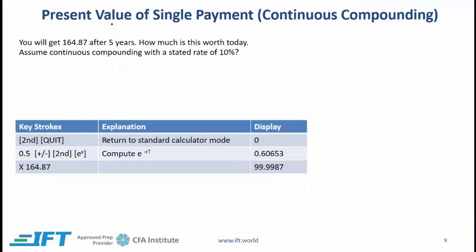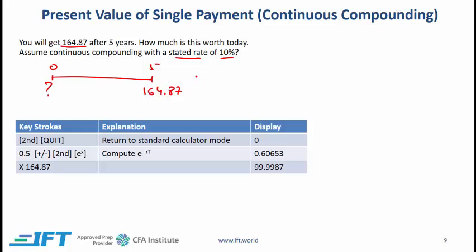We'll now calculate the present value of a single payment assuming continuous compounding. Say we get this much after 5 years, so this is times 0 times 5, we get 164.87. What is this worth today? We assume continuous compounding with a stated rate of 10%.